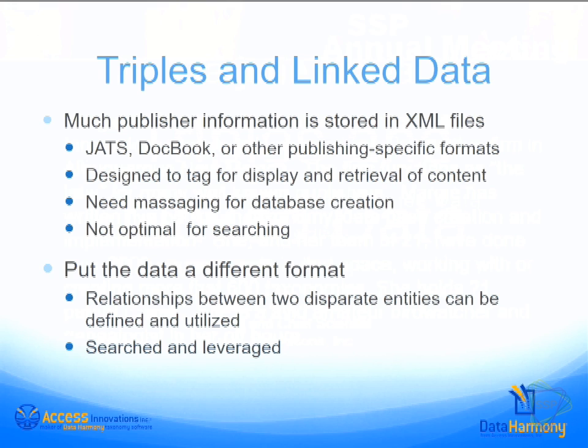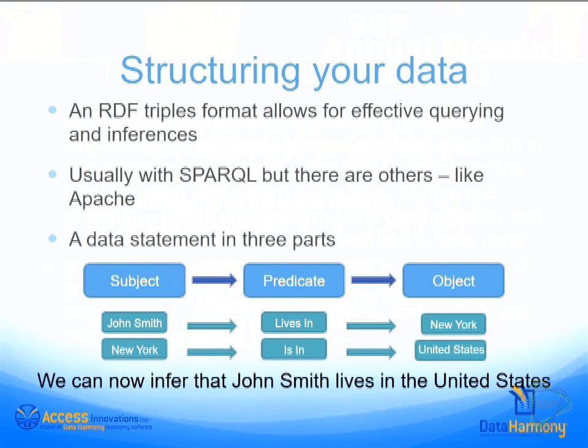And the idea is that you're going to display it, but it's not optimal for searching. So we're looking for something that might give us a different format and allow different kinds of relationships so that searching can be leveraged.